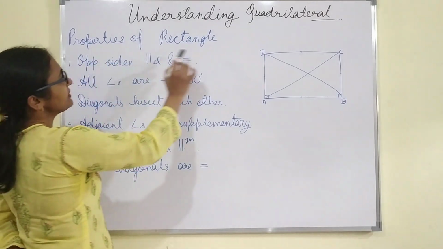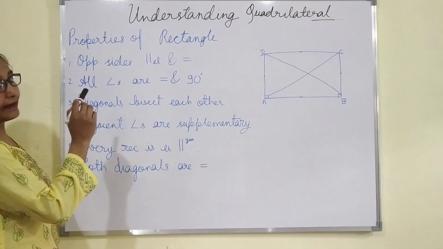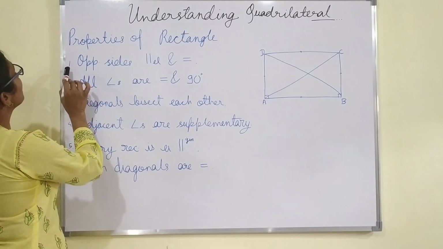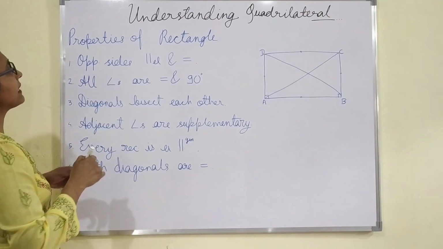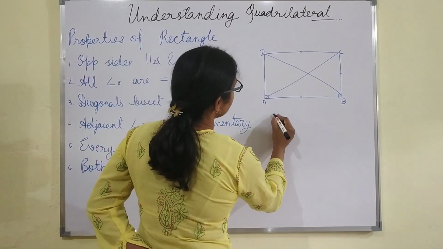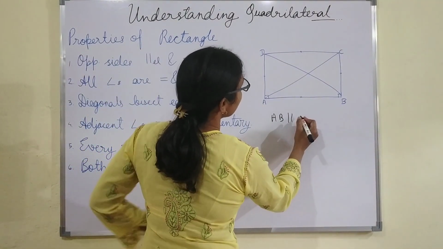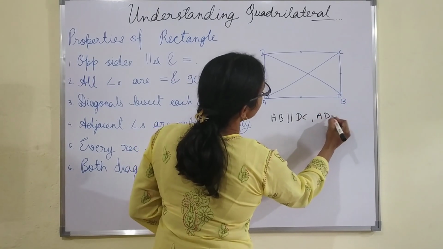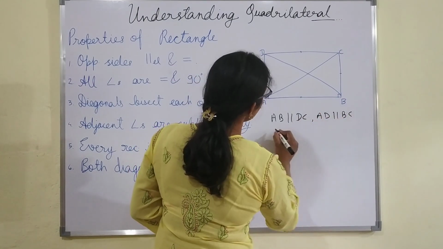Now, properties of a rectangle. A rectangle is also a parallelogram. Okay, so first property, opposite sides are parallel and equal. Means AB is parallel to DC and AD is parallel to BC.